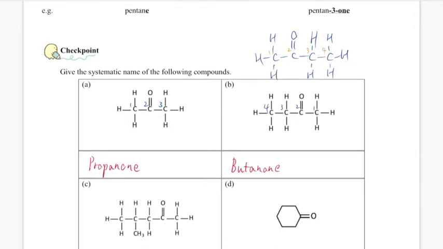So it's actually the same as the one that we have below here. There is only one possible position for this functional group, so there is no need to write the name as butane-2-one. That's wrong. No need to mention the position for this molecule.